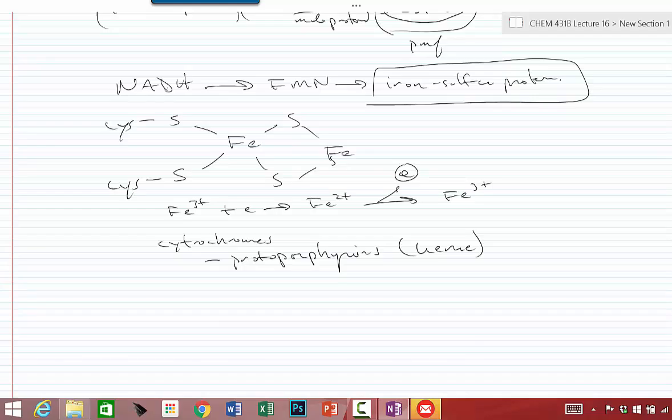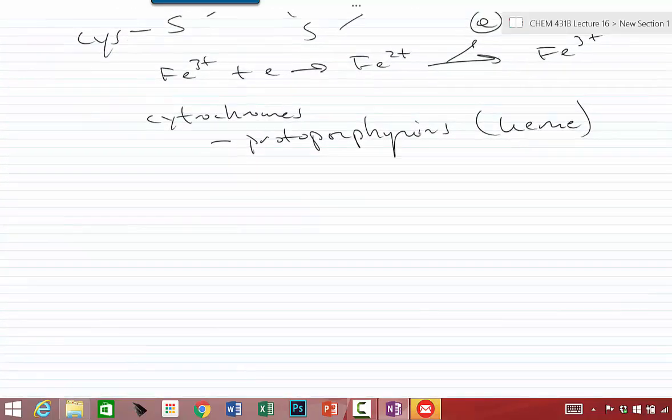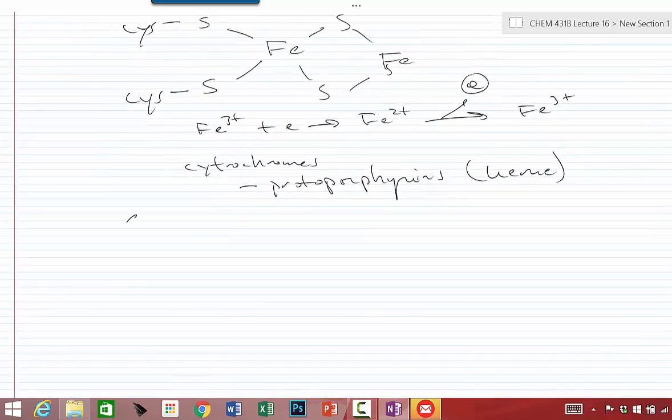What about another carrier? Another carrier is copper. Copper is specifically found in complex 4. The copper can get an electron, and it gets reduced.